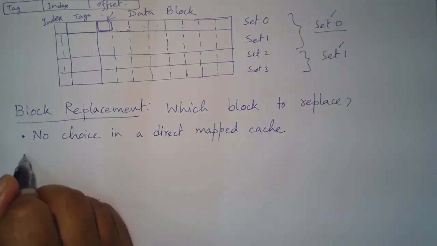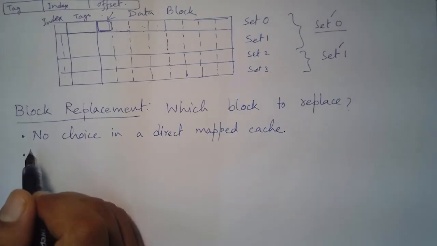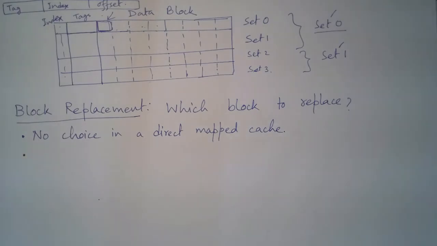Now, going forward, in case of an associative cache, which block should be replaced?